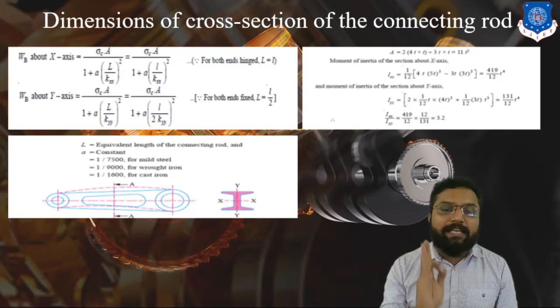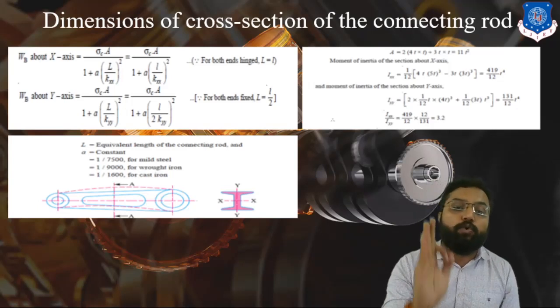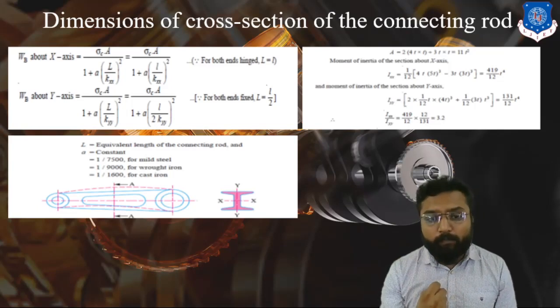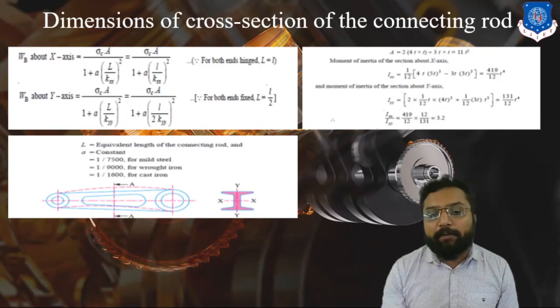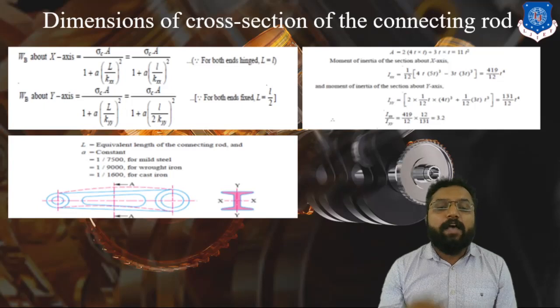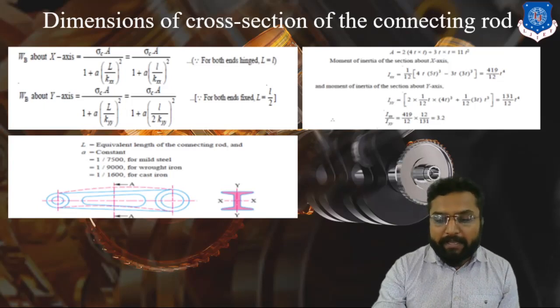So in each and every design consideration, we have to find out where it will experience more moment of inertia. The higher the moment of inertia, the more it will tend to buckle in that direction only. So in this case, it is IXX. And normally, in each and every case, it will be only XX.